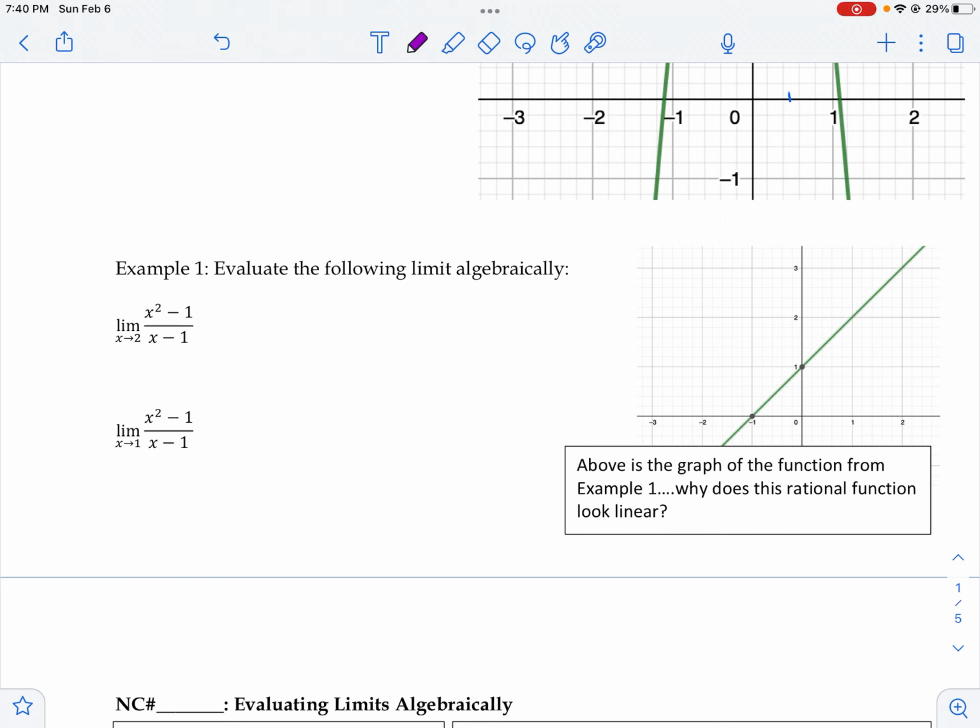When we graph this function, we see a graph that looks like over here to the right. So we're going to discuss that after we look at when x is 2, y is 3. Right here I could see it on the graph, or if I plug 2 in, 2 squared minus 1 over 2 minus 1, I get 4 minus 1 over 2 minus 1, and you get 3 algebraically, or we can get 3 graphically.